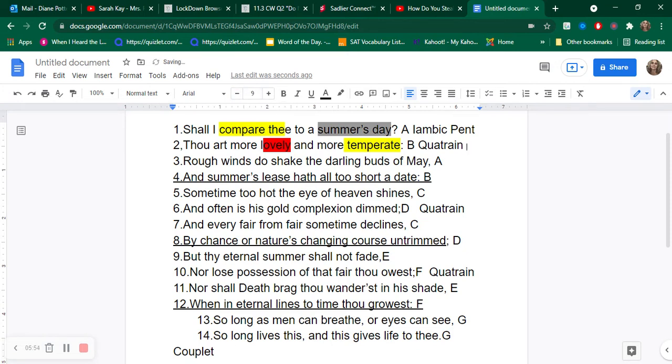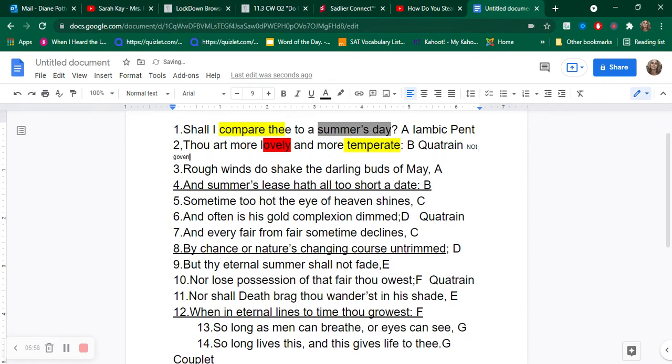My notes will be small, but you can write them. Not given to extremes. So she's not given to extremes. She's moderate. She is regular. She is on time. She is timely. She is steady. And okay, rough winds do shake the darling buds of May.